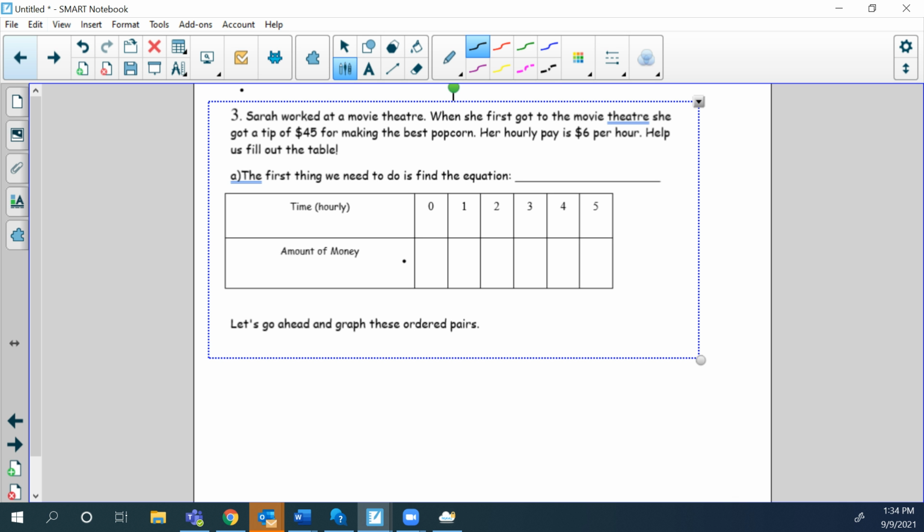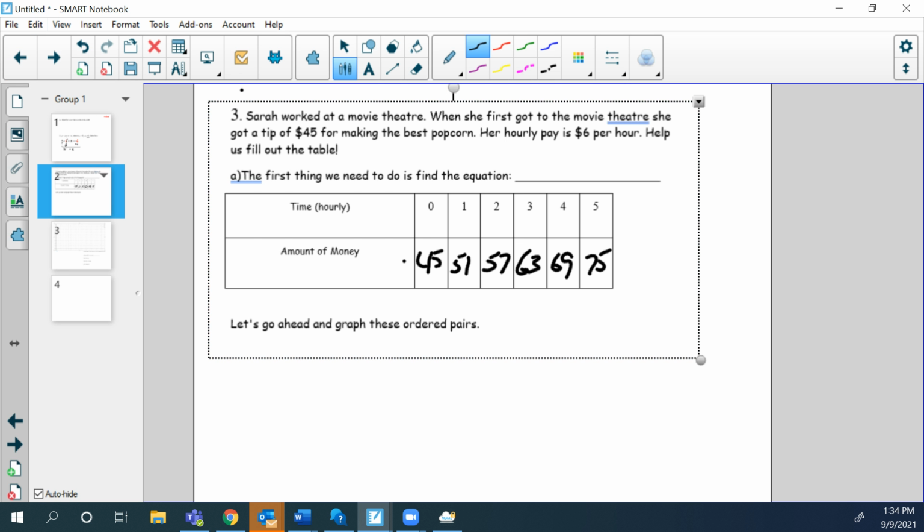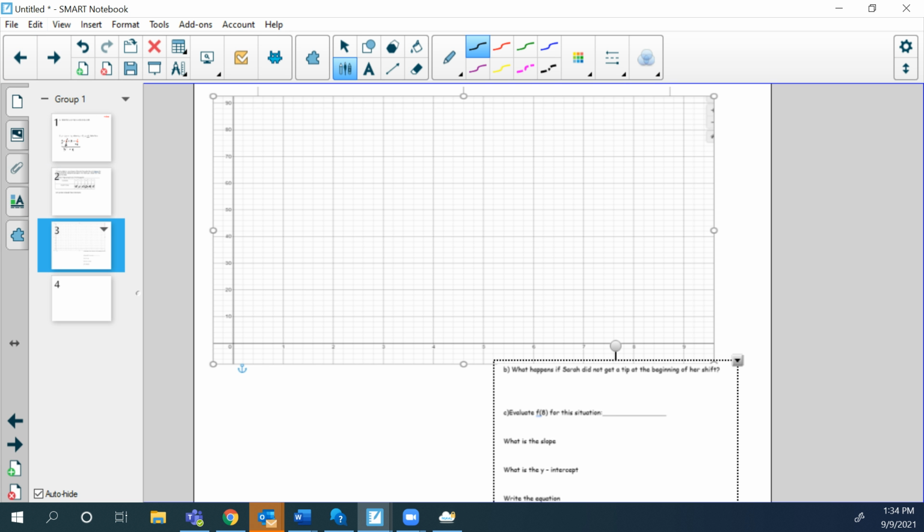Yes, so this is 45, this is 51, 57, 63, 69, and 75. If you want to see how I did this part right here, watch today's lesson video, and you'll see how I filled it out. And then I did plot the graph also in the lesson video, right? I did plot the graph.